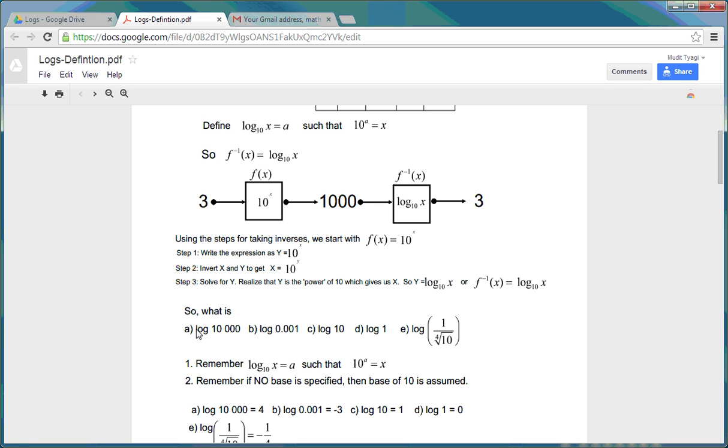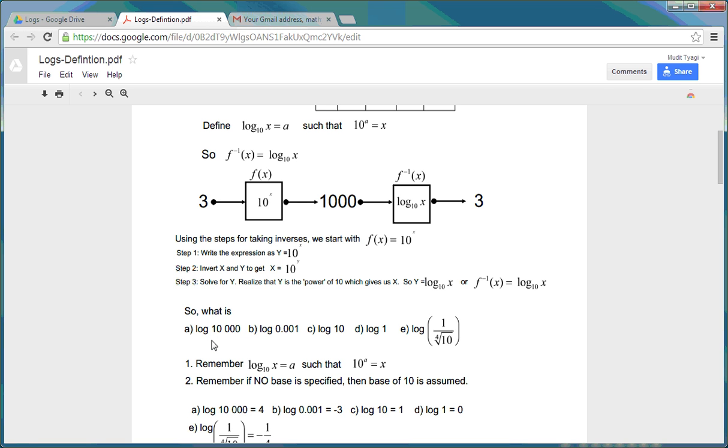Now, in case of this first question, what is log of 10,000, we have not specified a base. So the thing to remember is if a base is not specified, you assume that the base is 10. So we should read this as log of 10,000 to base 10.